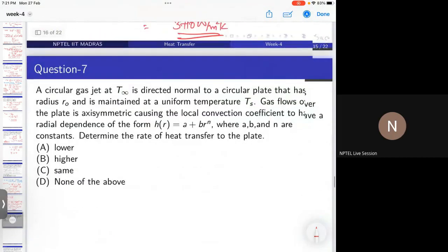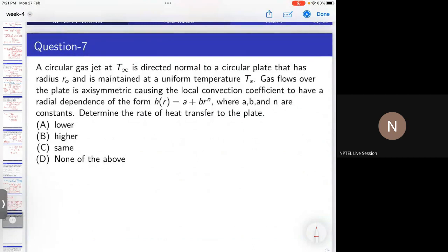So this was a simple question. Now we'll move on to the next question. A circular gas jet at infinity is directed normal to a circular plate that has radius r0 and is maintained at a uniform temperature Ts.